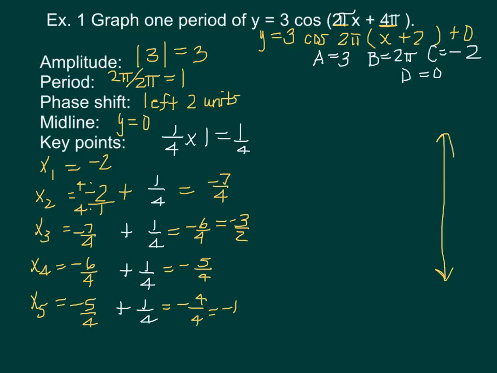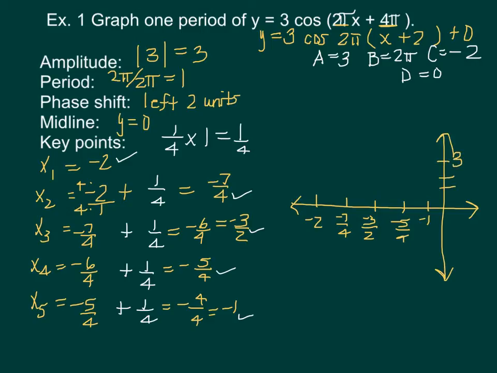Notice that all of your x values are negative, which means we will not cross 0. I'm just placing my x values on my graph. And remember, you don't have to reduce it. 3 is my max.